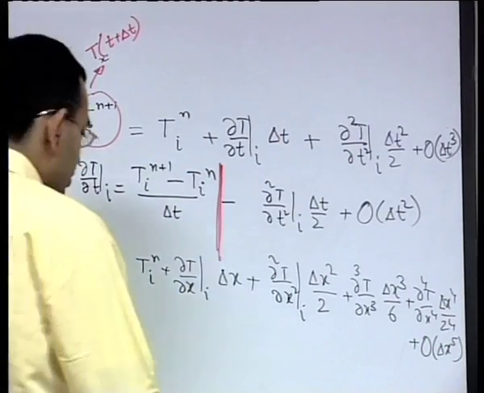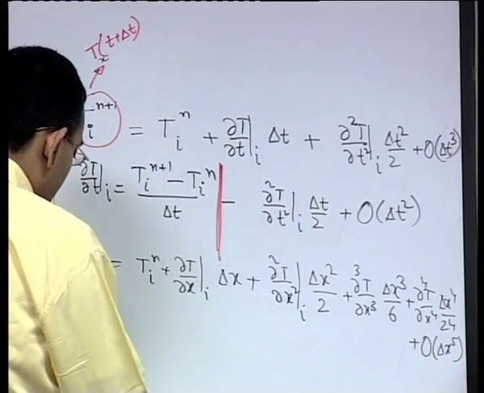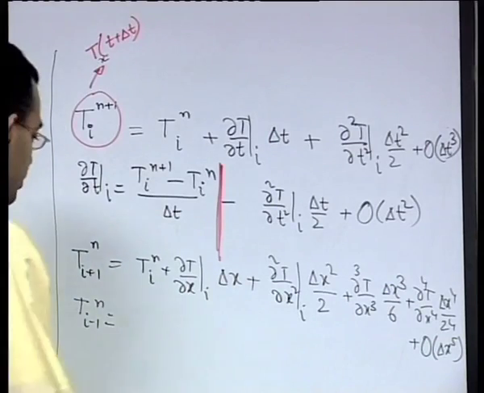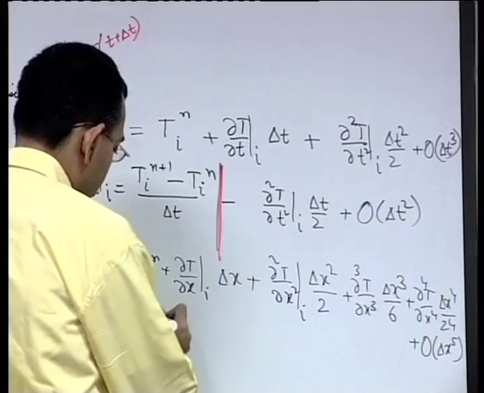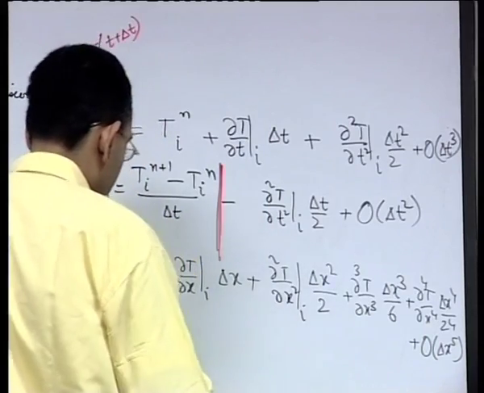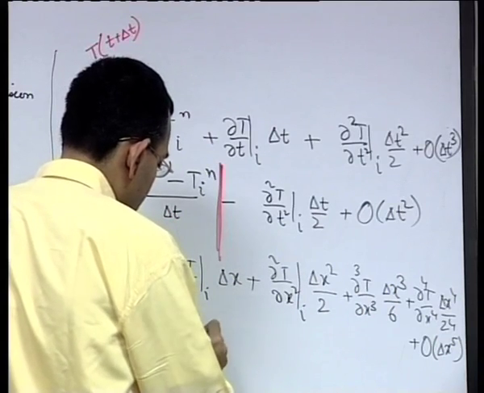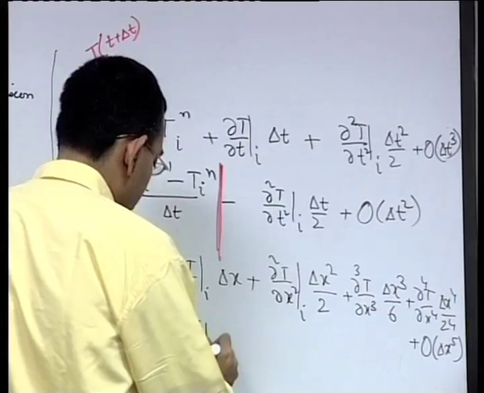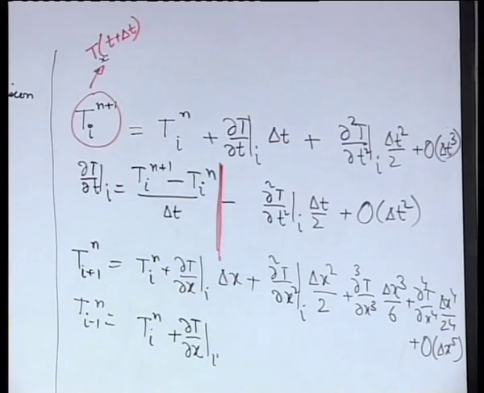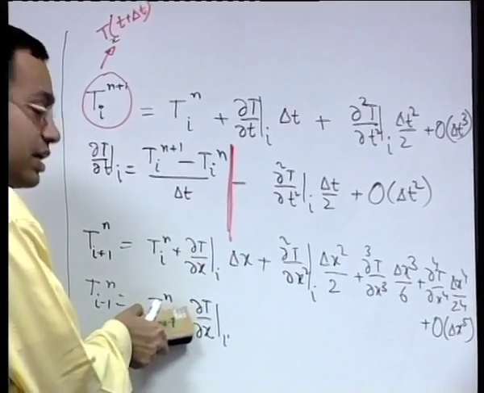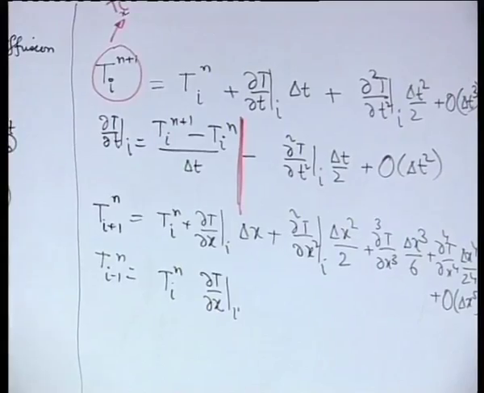Similarly, T I minus 1 n is T I n with a minus sign, now it will be. So, delta x becomes minus delta x, that is the only change.